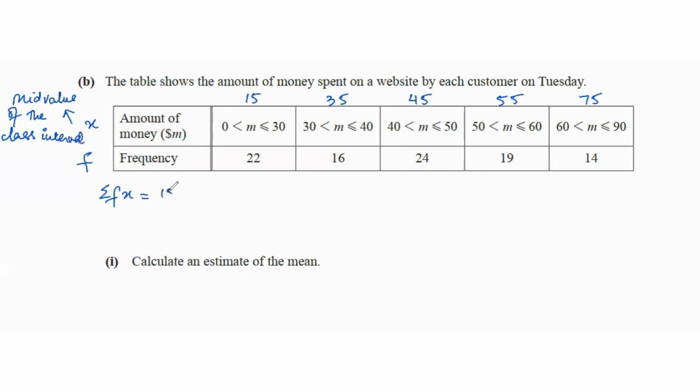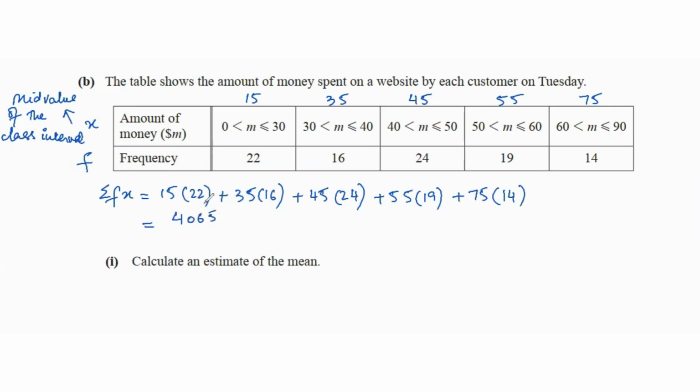So that's going to be 15 times 22 plus 35 times 16 plus 45 times 24 plus 55 times 19 and plus 75 times 14. So that's going to equal 4065.